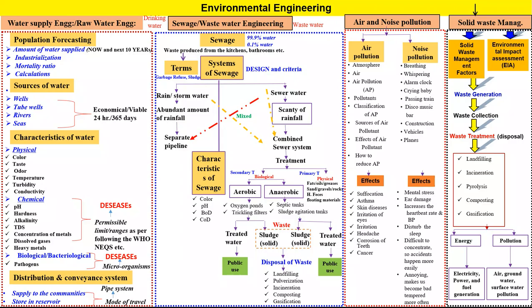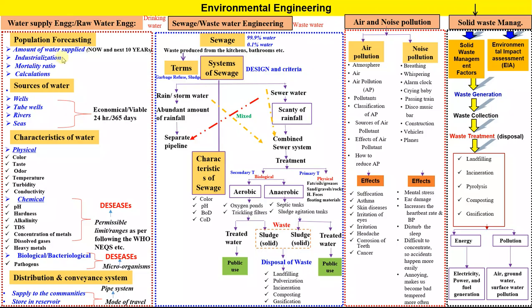By population forecasting, if a city has a population of 10,000 now, after 10 years it will definitely have increased. So how will we calculate? By using some formulas, we will calculate the amount of water supply.